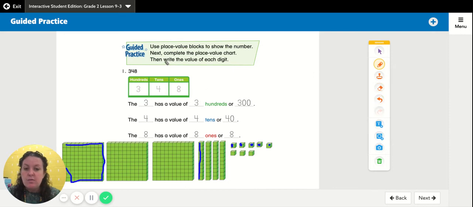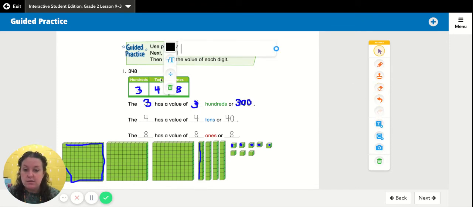All right, now we need to complete the chart. 3 hundreds, 4 tens, and if you want to type this, you definitely may. 8 ones. The 3 has a value of 3 hundreds, or 300. Okay, I'm going to type it because this is making my fingers tired.